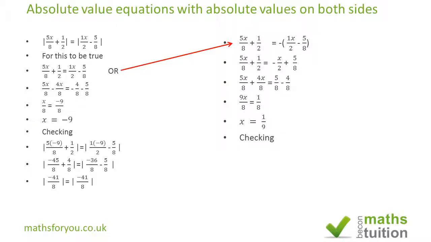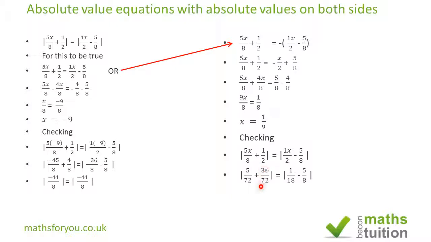If we then check, we substitute into the original absolute value equation, we have that 5/72, and our half is 36/72.